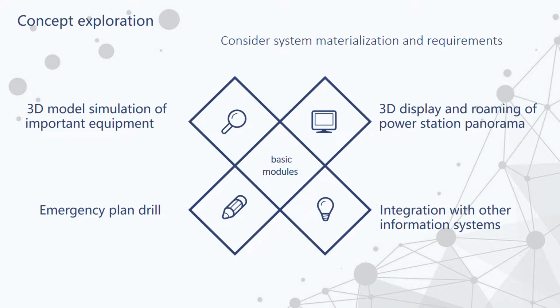The three-dimensional digital construction of the main production equipment is realized through the three-dimensional modeling software, and the actual simulation of the operation process, such as the structure operation process, equipment maintenance, and the assembly of main production equipment, are carried out.